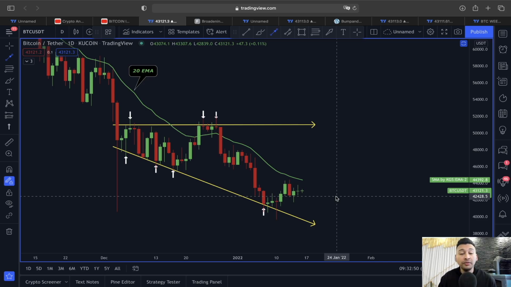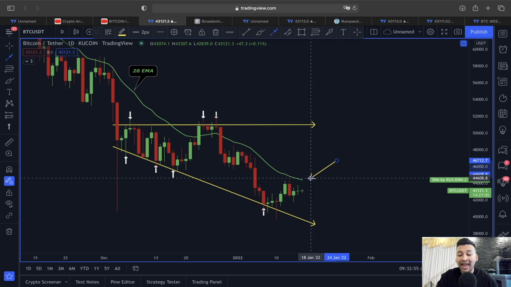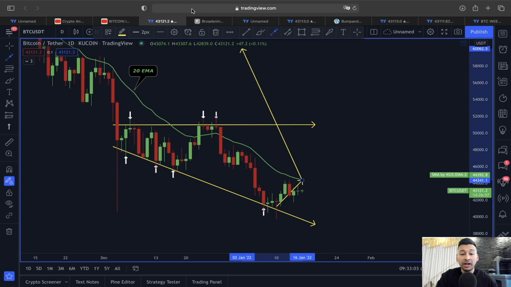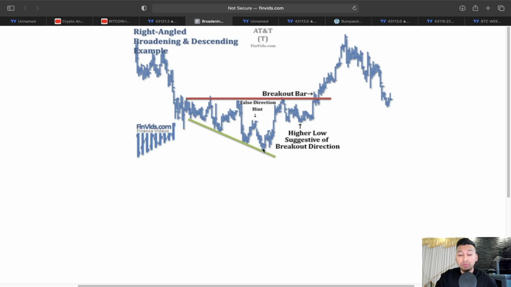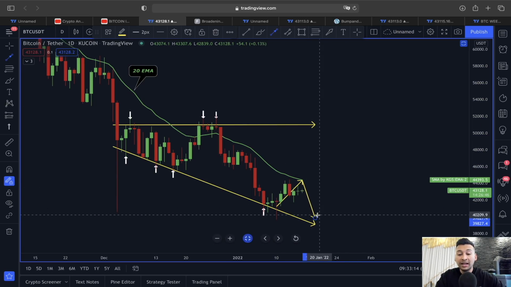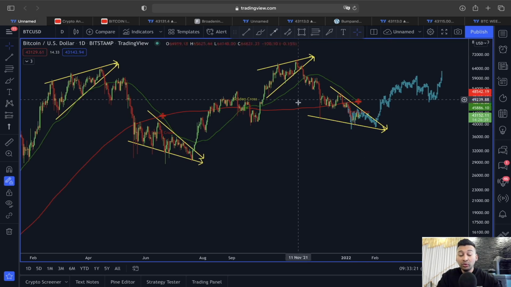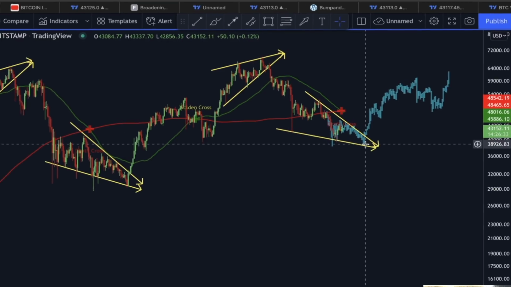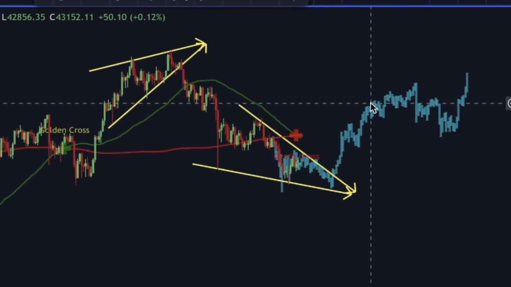So let's say 44,000 to 44,500, this resistance line must be broken at any cost, because otherwise it could see a movement here in this manner, price retesting this 20 exponential moving average, and then another pullback, right, just like here as shown in the example, another pullback towards this lower line area before showing this actual bullish scenario. Because if it's going to happen like this here, guys, price retesting the lower line area before showing another impulsive movement, then we are also aware this example would make a lot of sense, where we are also expecting the price of Bitcoin to see some more consolidation, a pullback towards the 40,000 range, and an actual breakout scenario.